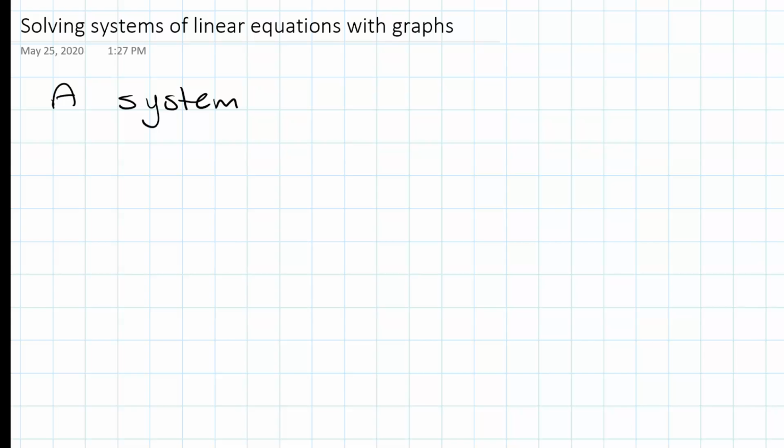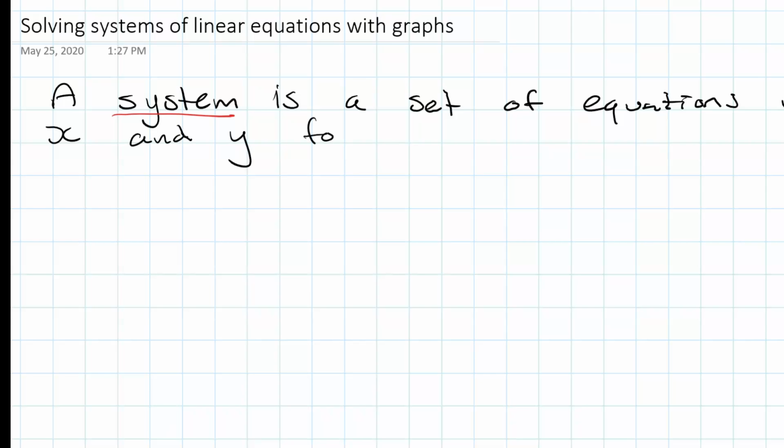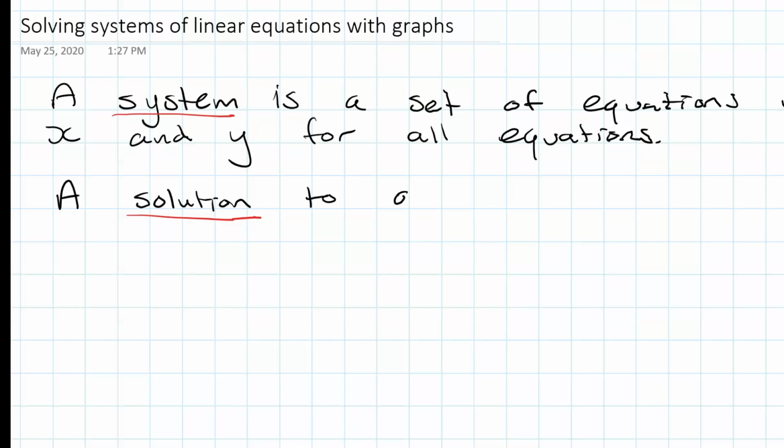So a system of linear equations is a set of equations using the same x and y for all equations. What that means is that essentially we are going to have two or more equations that use the exact same x and y.